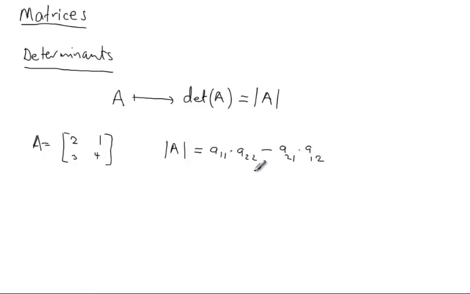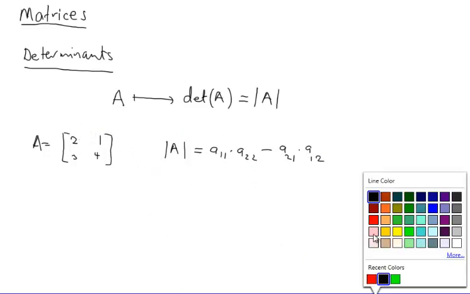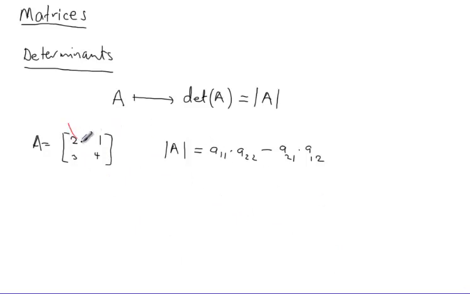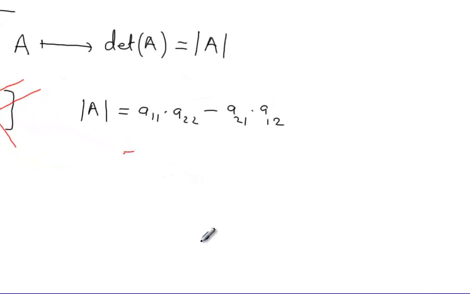I'm saying we take the product of the principal diagonal, minus the product on the secondary diagonal. So in this case, this is equal to 2 by 4 minus 3 by 1, which is 8 minus 3, and then our determinant is 5.